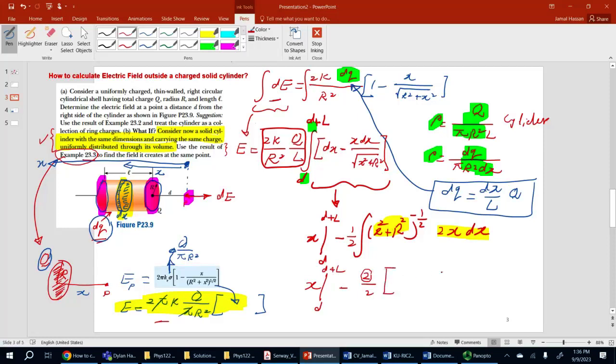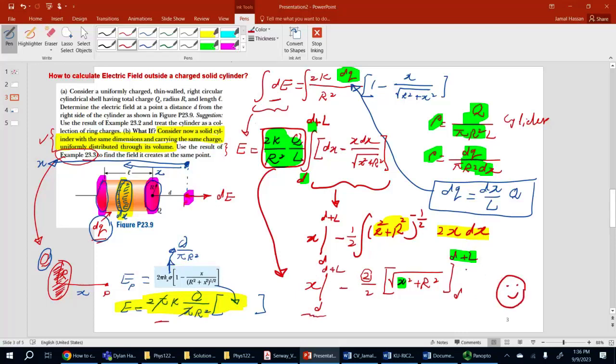Then this is going to be something like this, x squared plus r squared, and then again we need to substitute d plus L. I'm not going to do the last step, you know how to. So this term simply is equal to d plus L minus d, so it will be L, and for the second one, instead of x, you write d plus L, and then minus, the second time you write d squared. Make sure that when you do this, you bring this term over here. And this is the final solution.